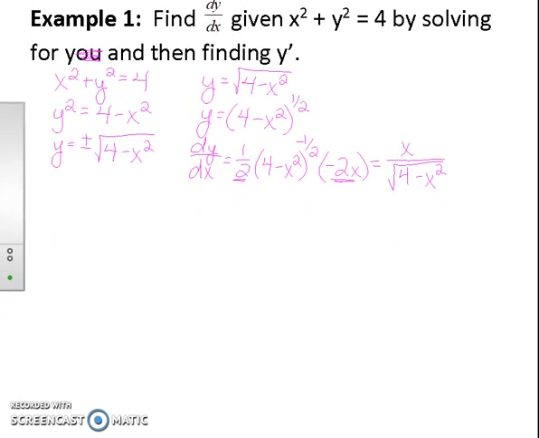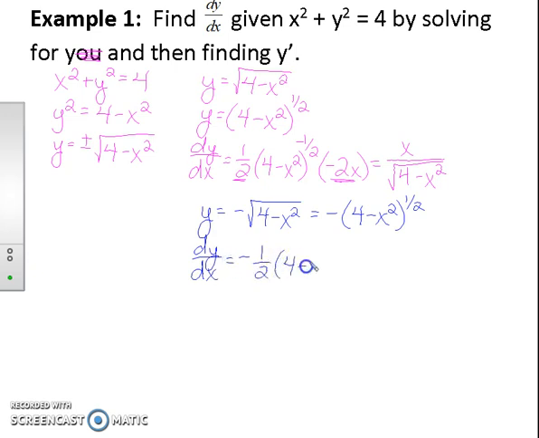But what if we use the negative square root of 4 minus x squared, or negative (4 minus x squared) to the 1/2 power? For that derivative, dy/dx, we would have the negative, and we bring the 1/2 in front. Our new exponent is negative 1/2, and then using the chain rule, the derivative of the inside would be negative 2x.